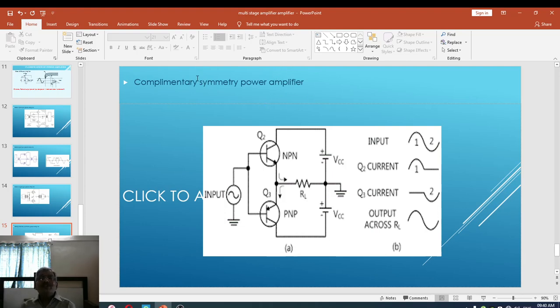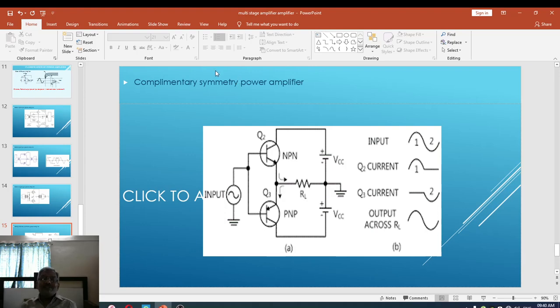Complementary means working is complementary with each other. Symmetry means in appearance the circuit seems to be equivalent with each other.